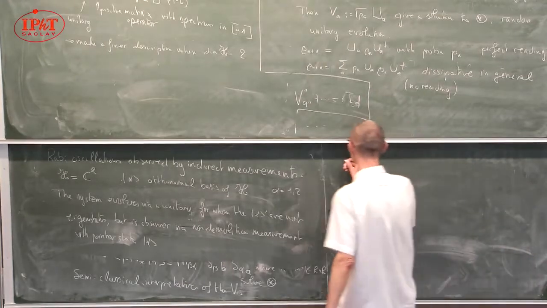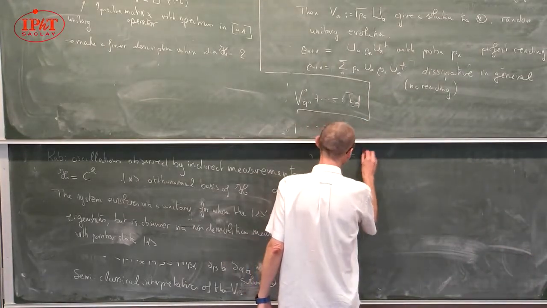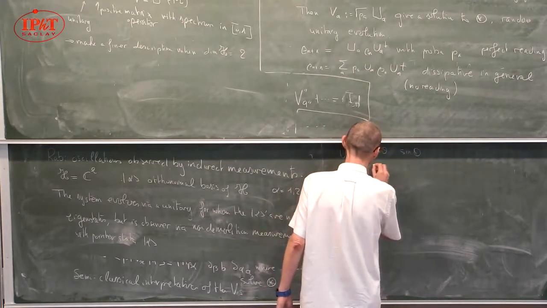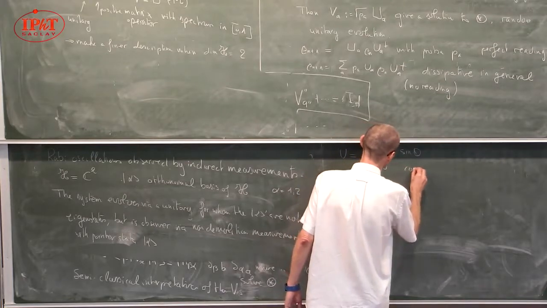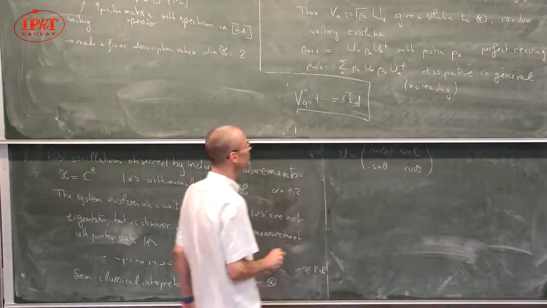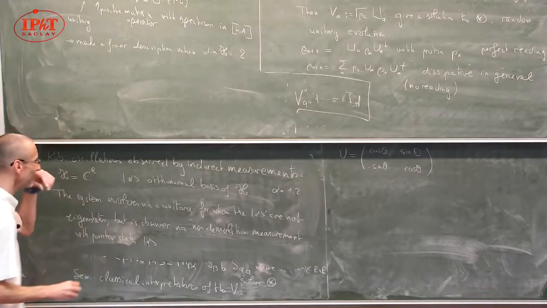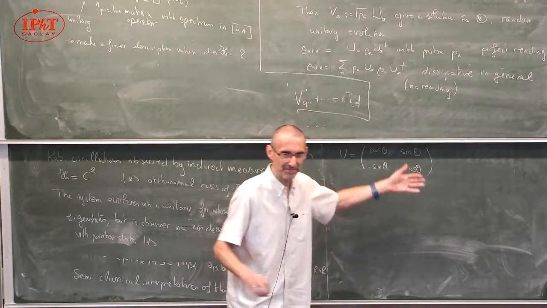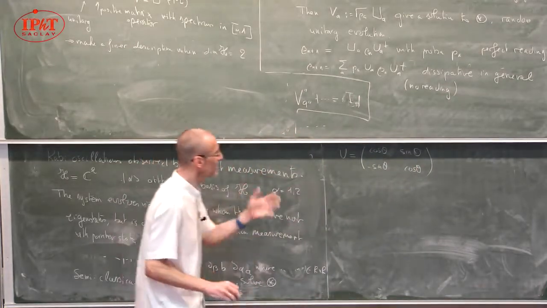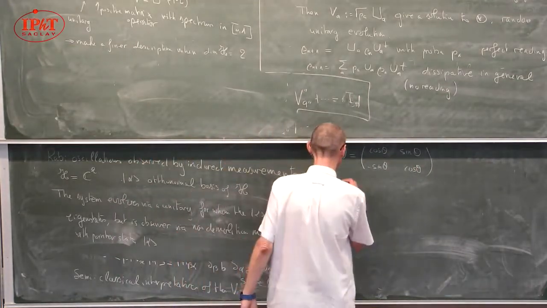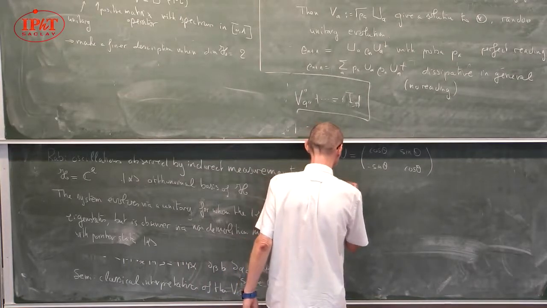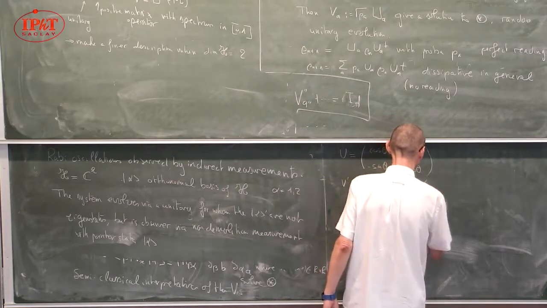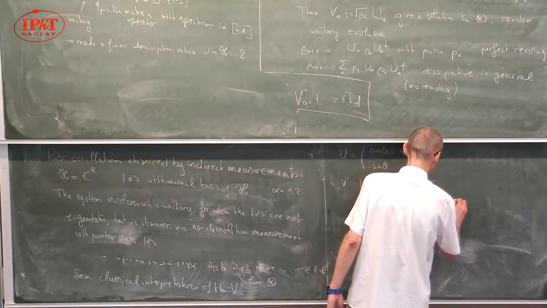So we imagine that U is just something very simple like the matrix (cos theta, sin theta; minus sin theta, cos theta), a simple rotation. And then we have two measurement operators, V and V prime. I will take V equal to the diagonal matrix with square root of p, square root of q.